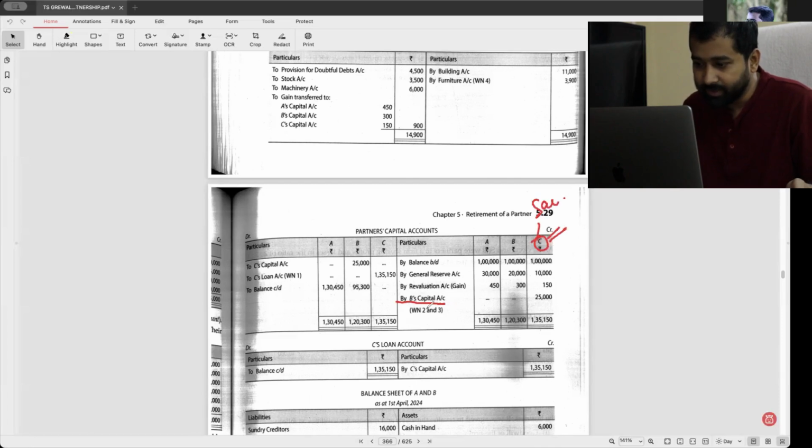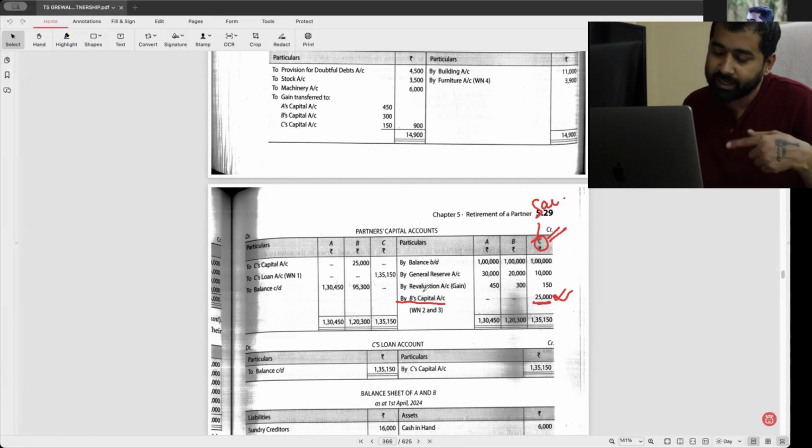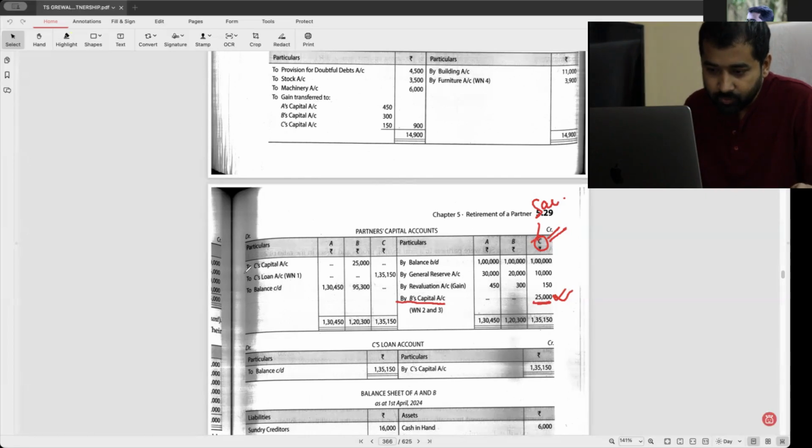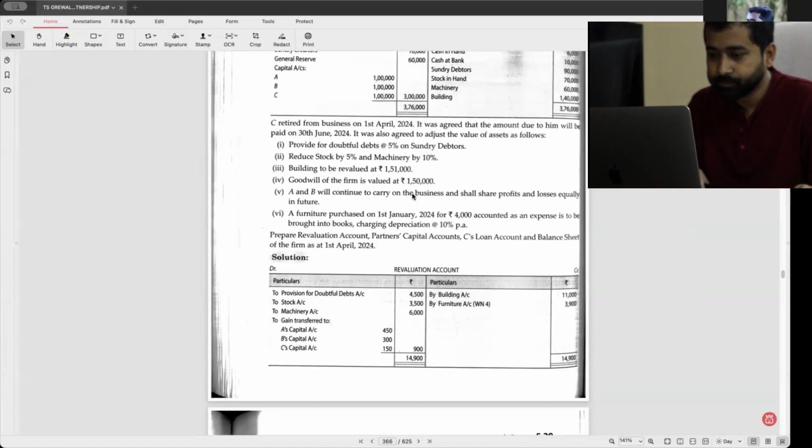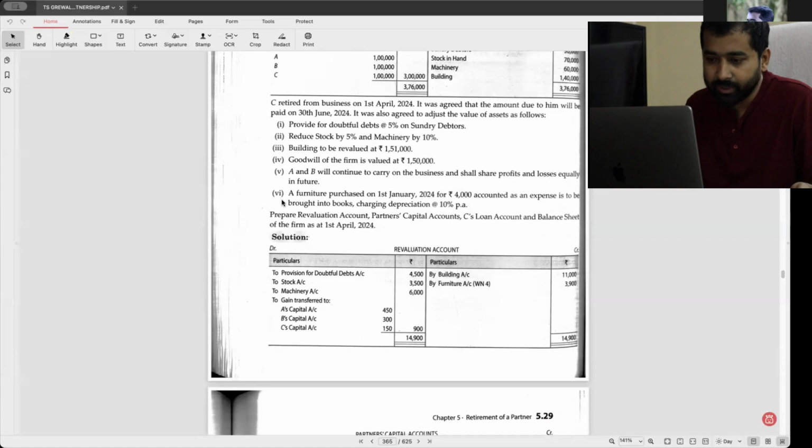So by B's capital account 25,000, because B's capital already exists from the beginning, so I will take that amount from B. So to C's capital account I have taken this 25,000 from B and given to C. Goodwill over. Clear now? Yes, sir.